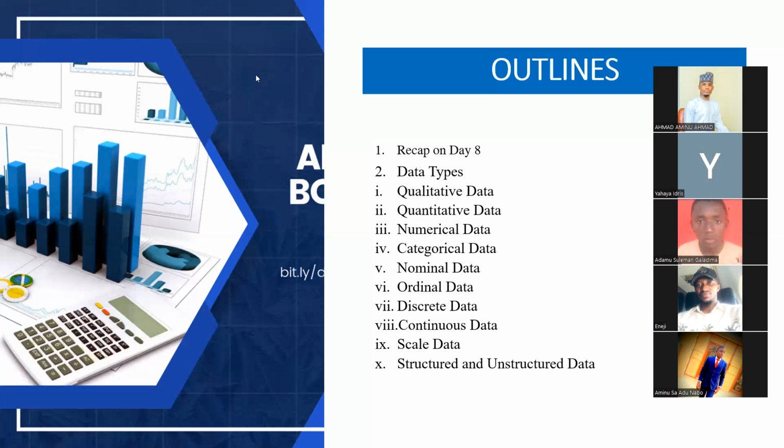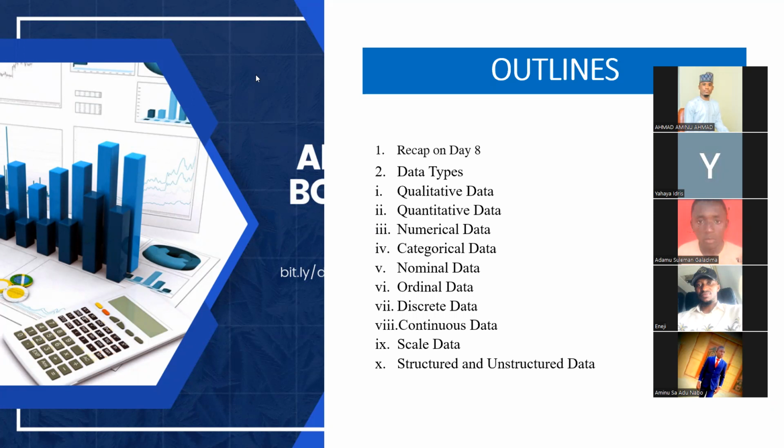Even gender: when we talk about males and females in data, it's not showing priority that the male gender is better than the female gender. That's the nominal data. It has no rank or order. It's categorical, but it has no rank. Please take note of this. It comes in alphabetical order, but it has no rank.